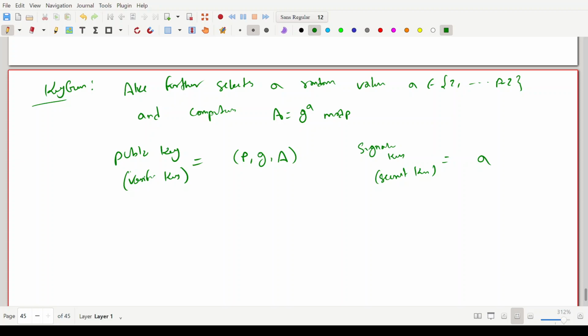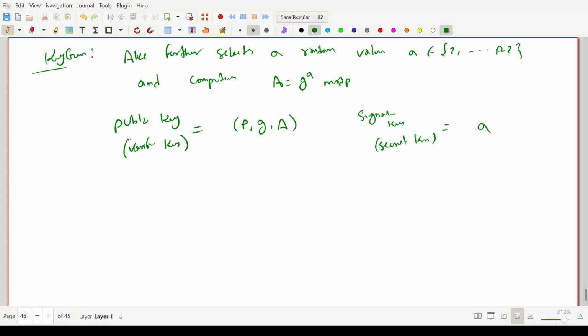Okay, now let us see how the signature can be done. How can we find the signature? To sign a message M, Alice randomly selects a key k belonging to 2 to p minus 2 and co-prime to p minus 1.